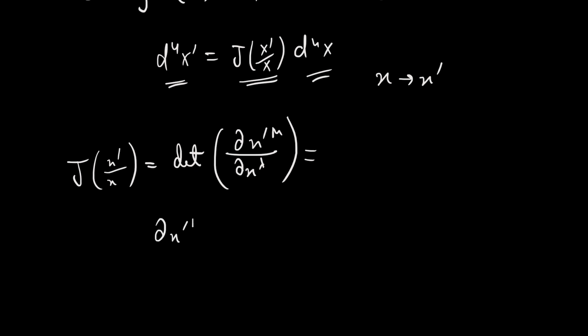So this derivative is simply the Kronecker delta mu lambda plus del lambda delta x mu.